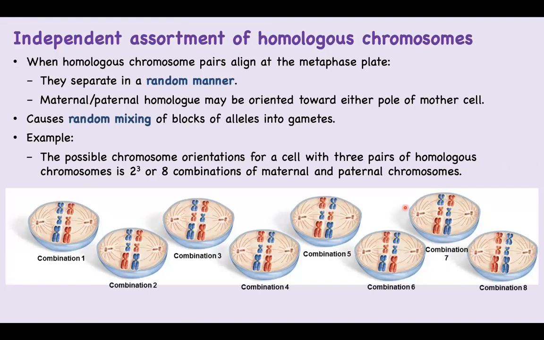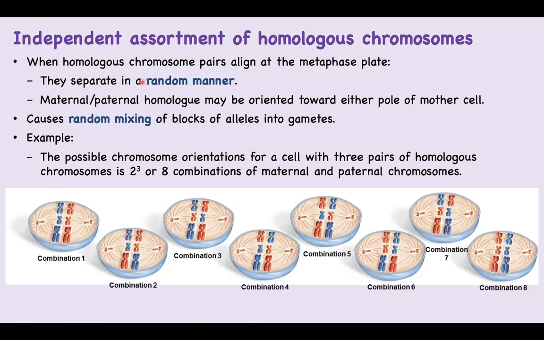So another important event is the independent assortment. Okay, independent assortment, you have to know because nanti dalam Mendelian inheritance, dia ada law of independent assortment. Okay, bila law of independent assortment, you refer back to meiosis. It happens in meiosis.